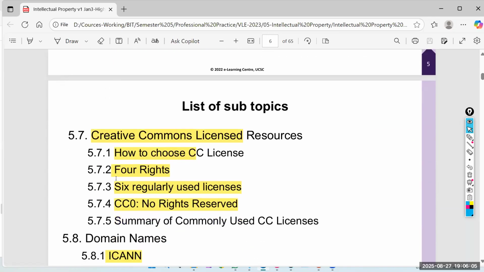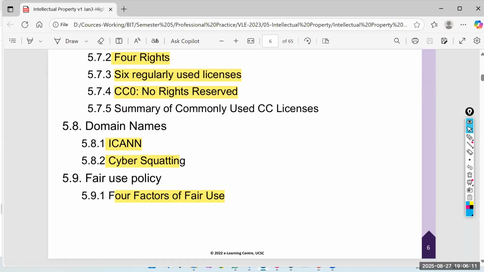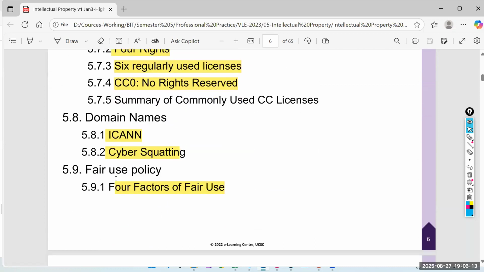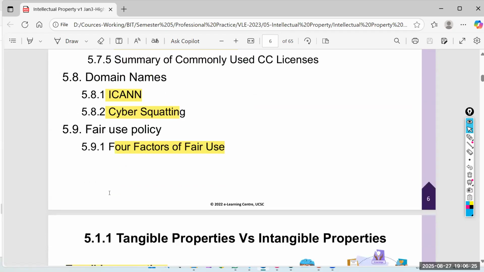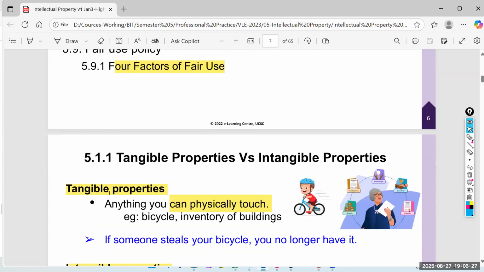So then Creative Commons licenses, the different types of Creative Commons licenses available. And finally, we'll look at the domain names related intellectual property rights and also fair use policy. That is anyway again related to copyrights.